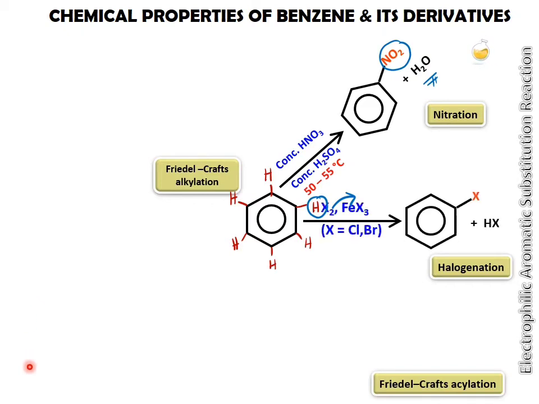Okay, if halogenation, apa yang berlaku? Kita tengok dekat sini. Ni saya padam sekejap nak tunjuk. Alright, so you akan react dengan halogen. Halogen kita either bromine atau chlorine. X kat sini sama ada Br2 atau Cl2. So here kita ada catalyst. So catalyst kalau kita guna Br2, catalyst kita adalah FeBr3.